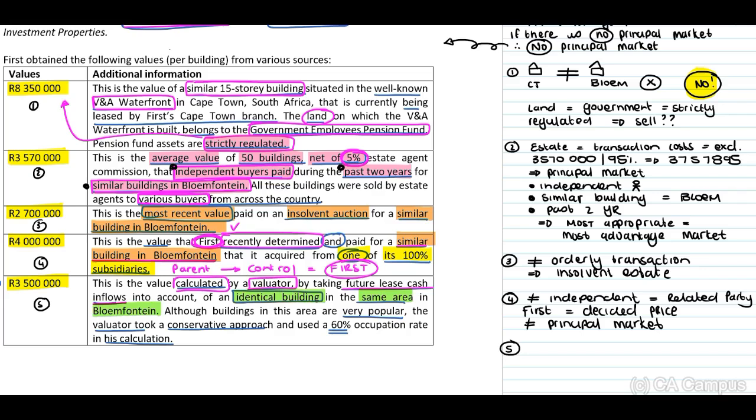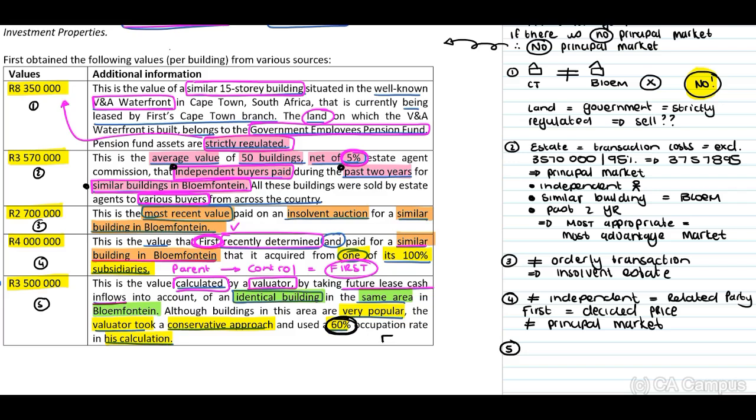Although buildings in this area are very popular, the valuator took a conservative approach and used a 60% occupation rate in his calculation. Okay, guys, if the buildings are very popular in this area, I will debate, why did he take a 60% occupation rate? Isn't this a little bit too conservative?